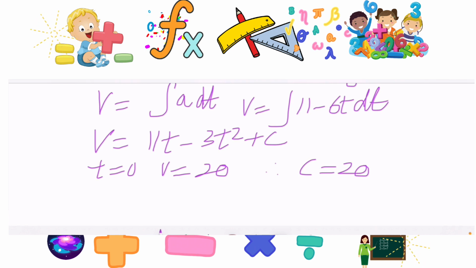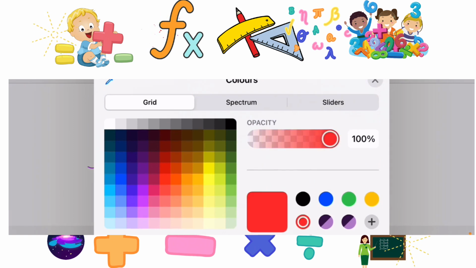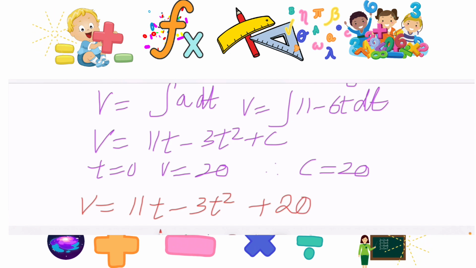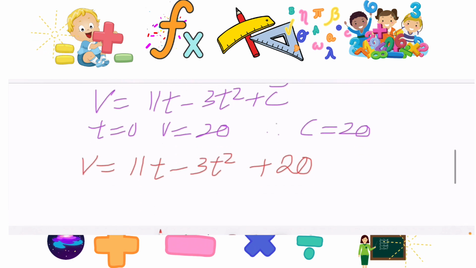When you read the question, when the particle is at the fixed point O, the velocity is 20, right? So finally, we write the velocity in terms of t, which is 11t minus 3t squared plus 20. So this is the velocity function in terms of t.